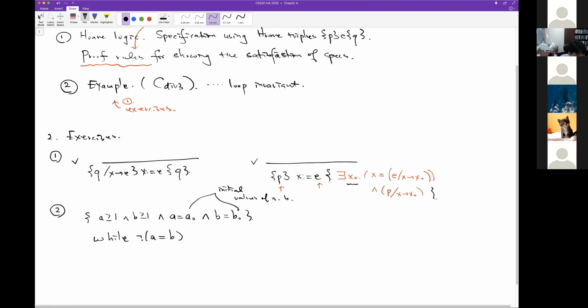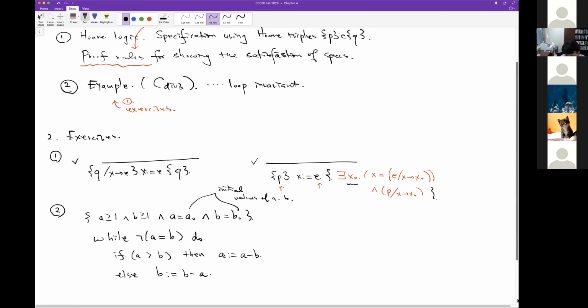We try to find which is bigger between A and B. If A is bigger, then we reduce A by B. Otherwise, because A and B are different, B is going to be bigger than A. In this case, B should be equal to B minus A. And that's the algorithm.